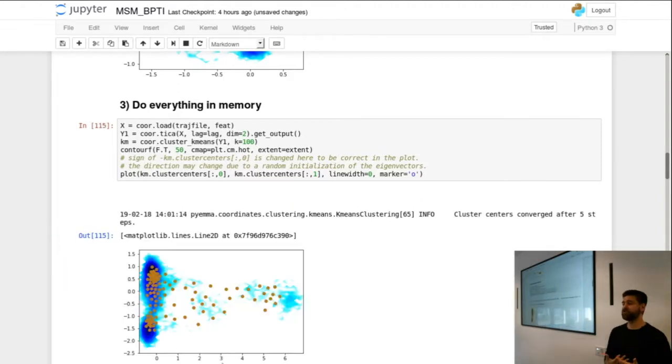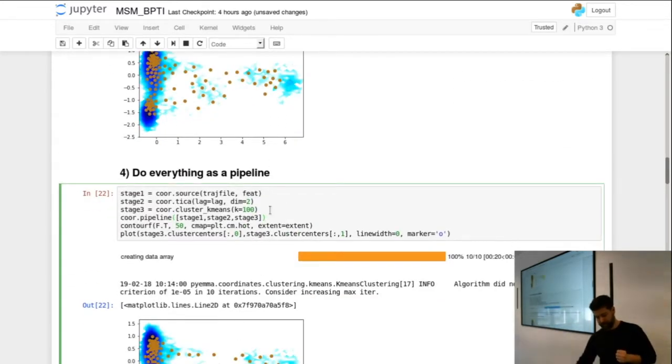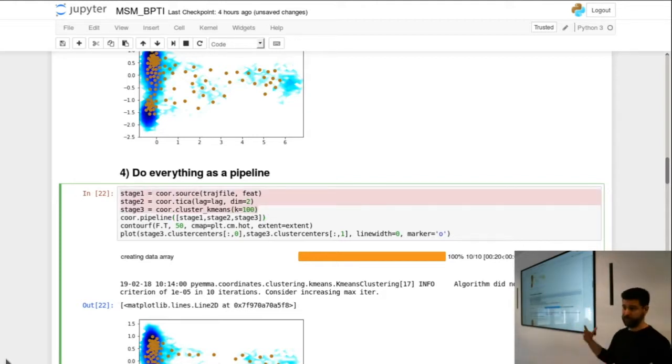That is usually the desirable situation, because computing processes will run faster if they don't have to go back to the hard disk to read the data. The problem is that very often the full data set does not fit into memory. So what we have constructed for those cases are pipelines, where you define the stages of your analysis through the objects that are native to PyEMMA.